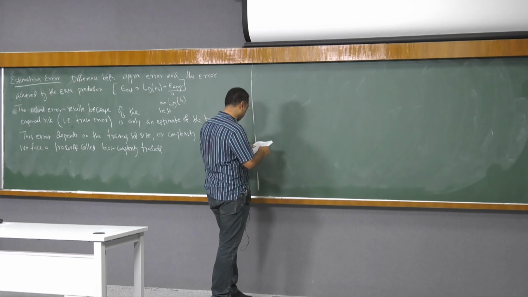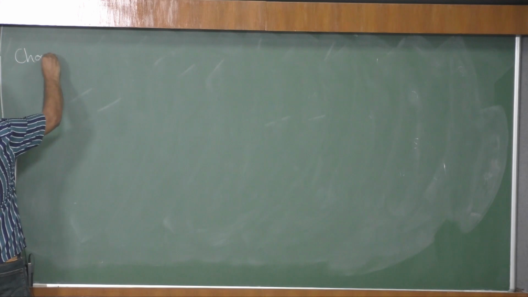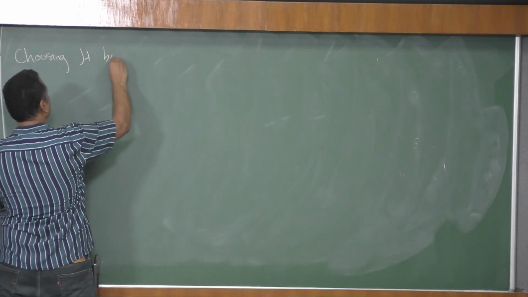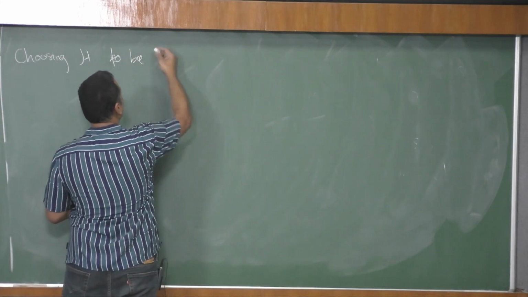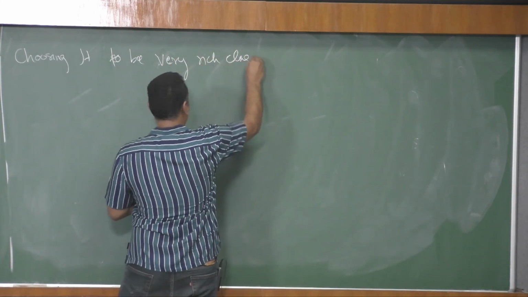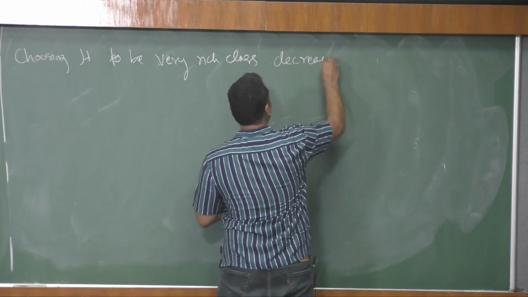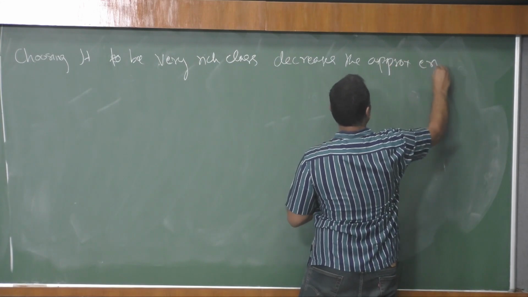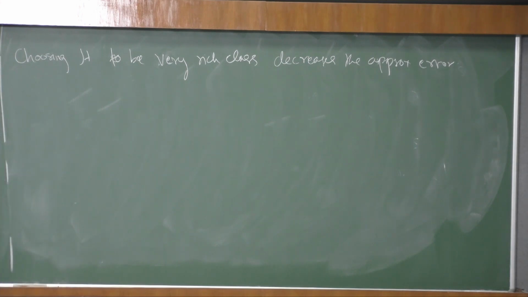Choosing H to be a very rich class decreases the approximation error, obviously, right? That we know, but at the same time it might increase the estimation error.